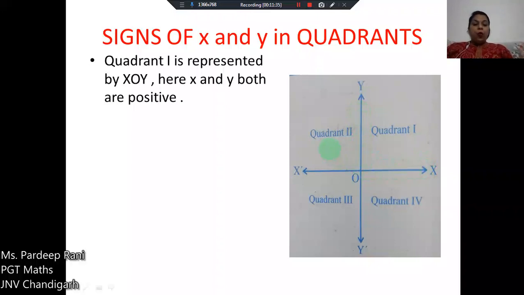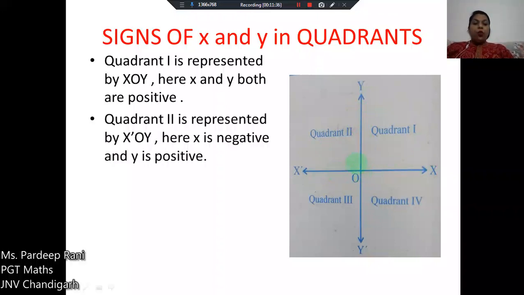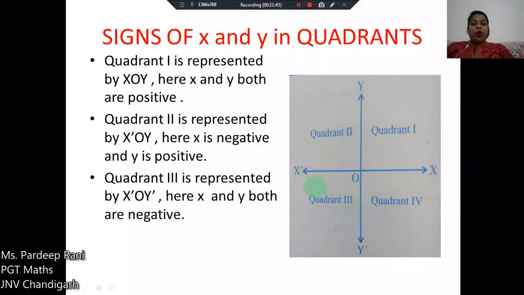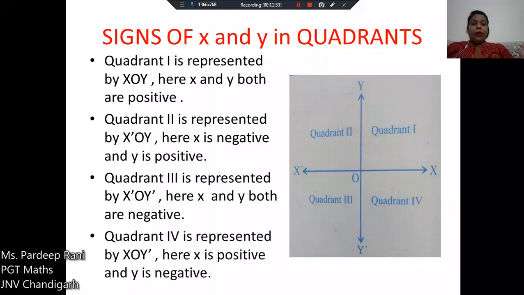In the second quadrant, X dash OY, x is negative and y is positive. In the third quadrant, x and y both are negative, and in the last, fourth quadrant, x is positive and y is negative.